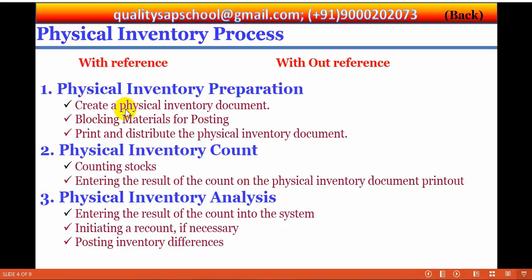When we are taking physical stock, document creation is not a problem. But after counting physically and entering the values in the manual sheet, if they are not in the same order as in the system, and the outside paper and the inside system list are different, there is a chance we will post one item's stock to another item.